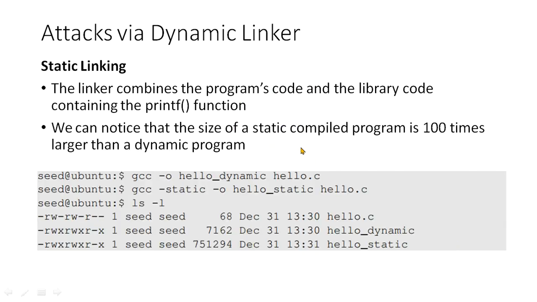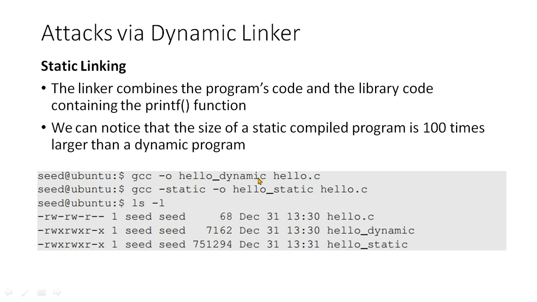Now let's compile our simple program Hello World in two different ways. In the first line here, you see that we run GCC and compile it normally with the option -o, for output.